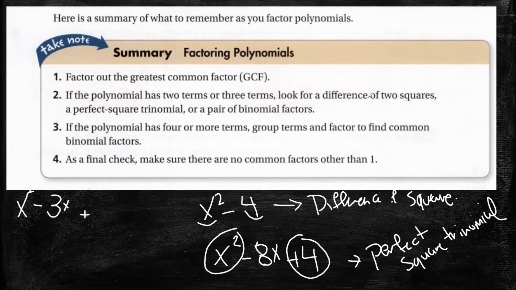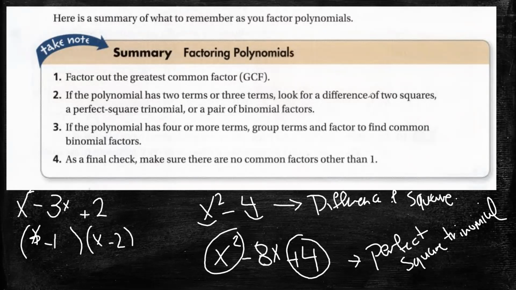If it has three terms also, like x squared minus 3x plus 2, and the first and the last term are not perfect squares, you will factorize them into two factors, which is x minus 1 times x minus 2, as we learned before.